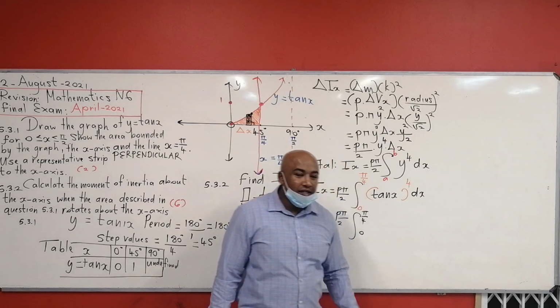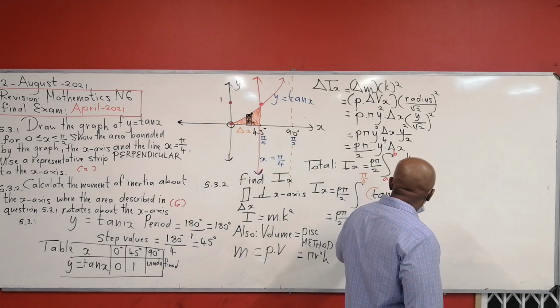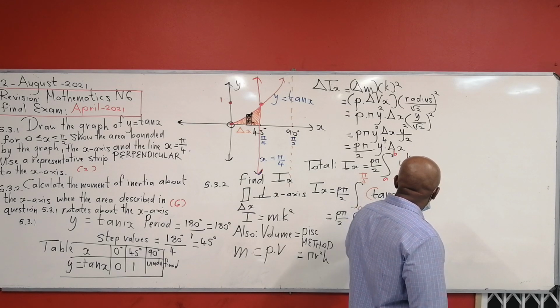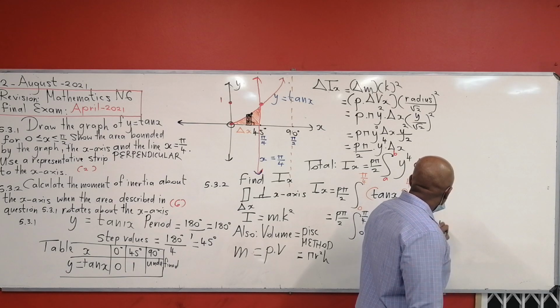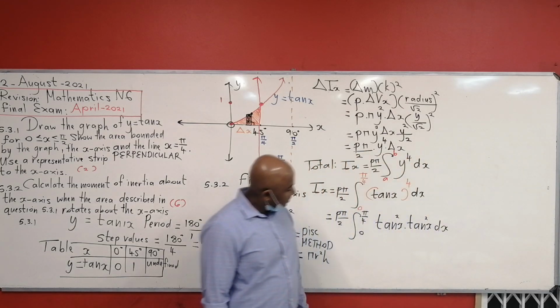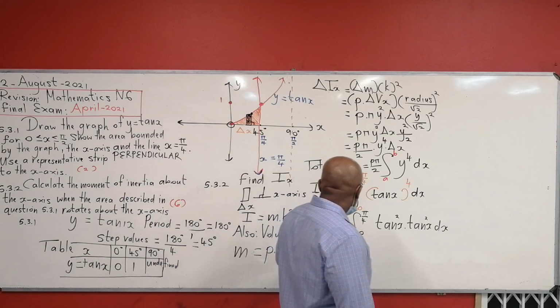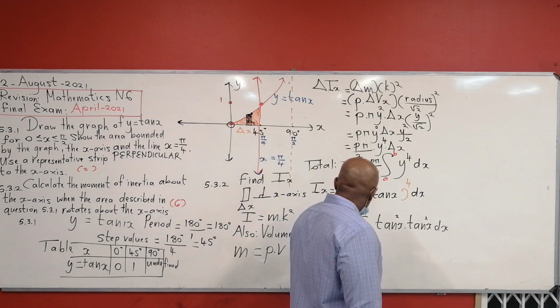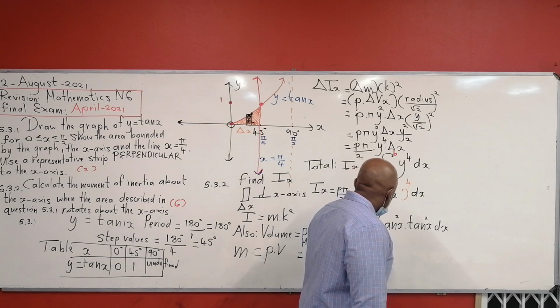So how do we integrate tan to the power 4? Tan to the power 4 can be written as tan squared times tan squared.